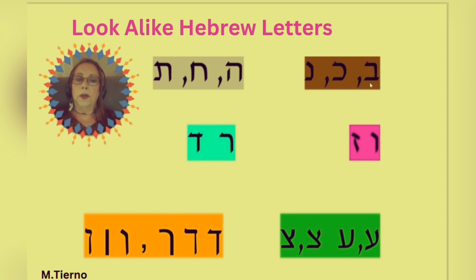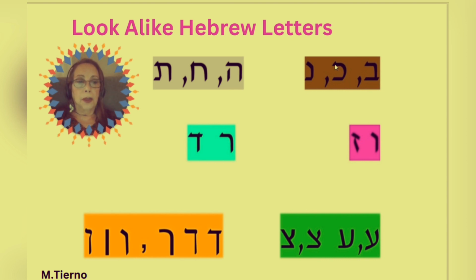Now, if you look at the details, look at it closely. This Vav has a long line underneath going all the way to the right, and so it is quite different from the Chaf.